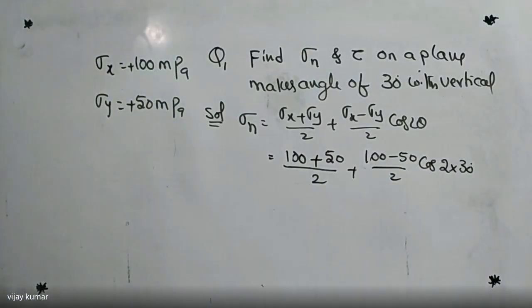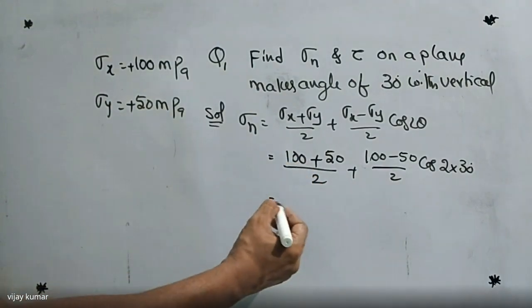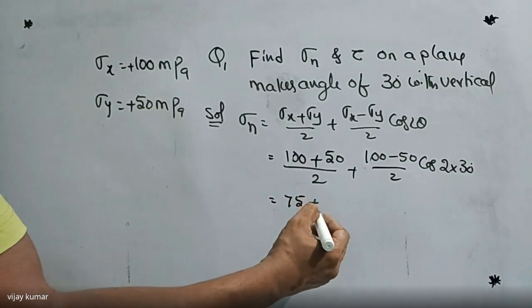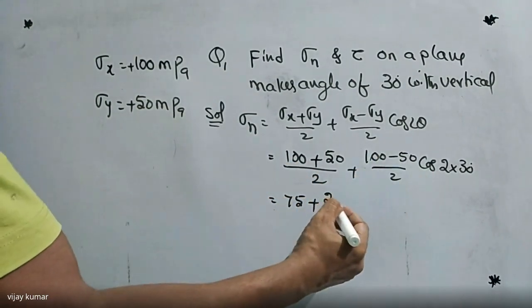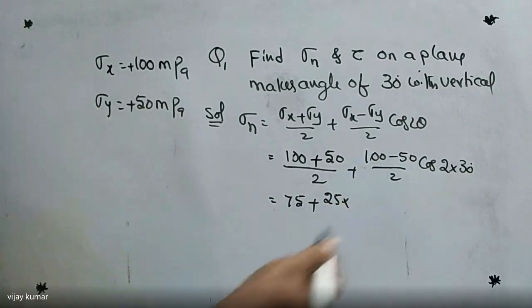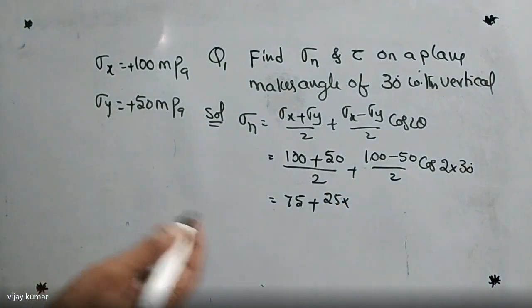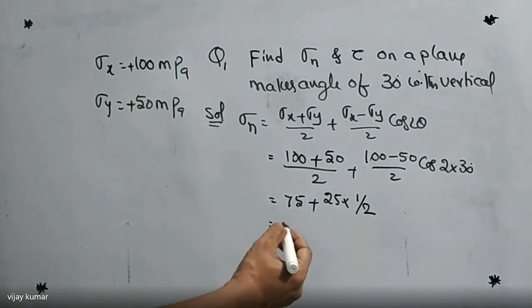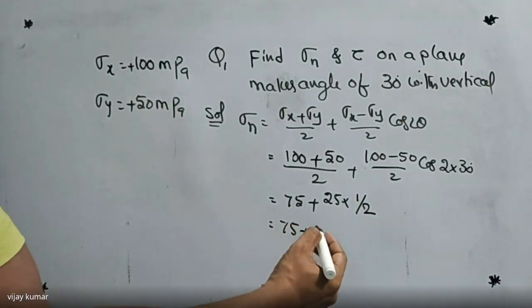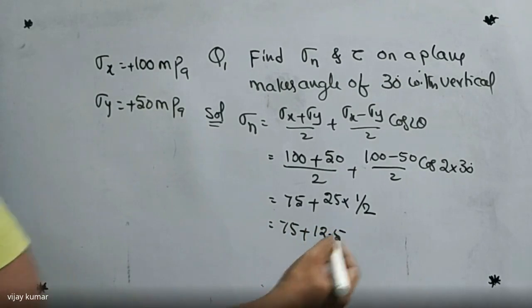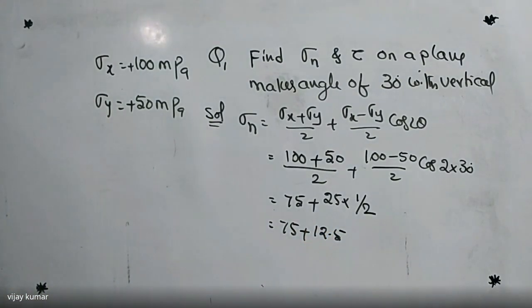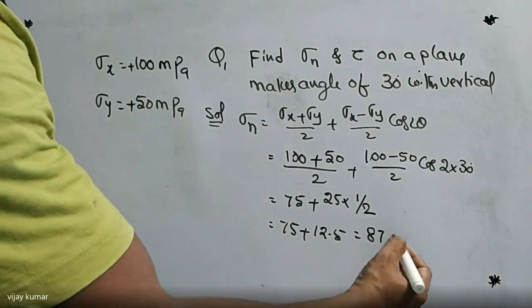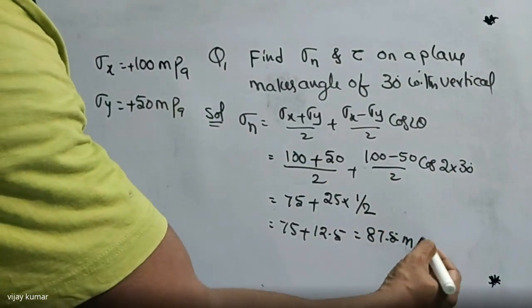Now here we are getting 150 divided by 2, that means 75, plus 50 by 2 is 25 into cos 60. Cos 60 is always equal to 1 by 2. Then we are getting 75 plus 12.5. Do you get my point or not? That is 87.5 megapascals.